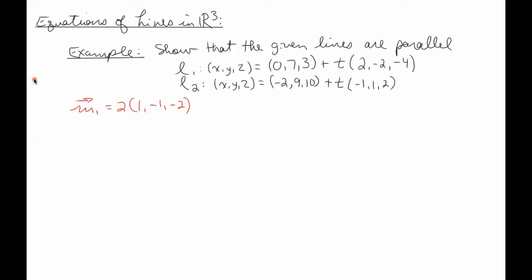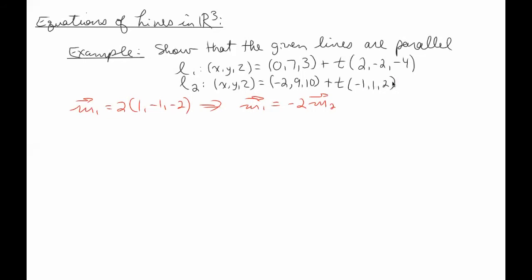So therefore, I can now say that the directional vector of L1, which we call M1, is -2 times the directional vector for L2, which let's call M2, right?